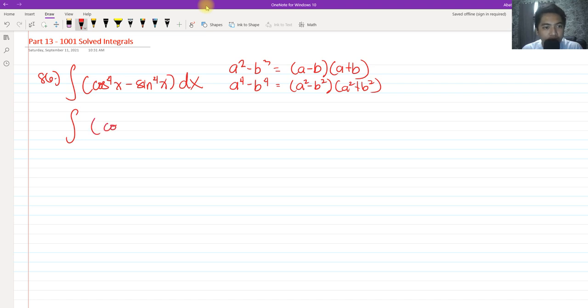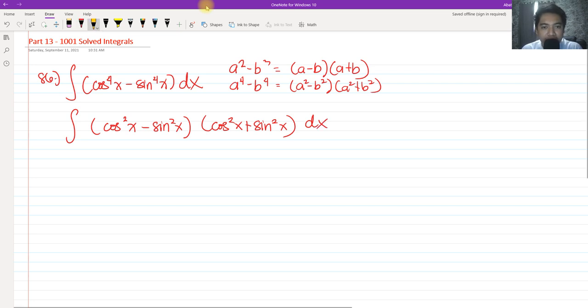So we have cosine squared x minus sine squared x, and then we have cosine squared x plus sine squared x. Okay, so that we have at least somehow simplified. As you can see, using the Pythagorean identity, cosine squared x plus sine squared x equals 1, so it's already discarded.